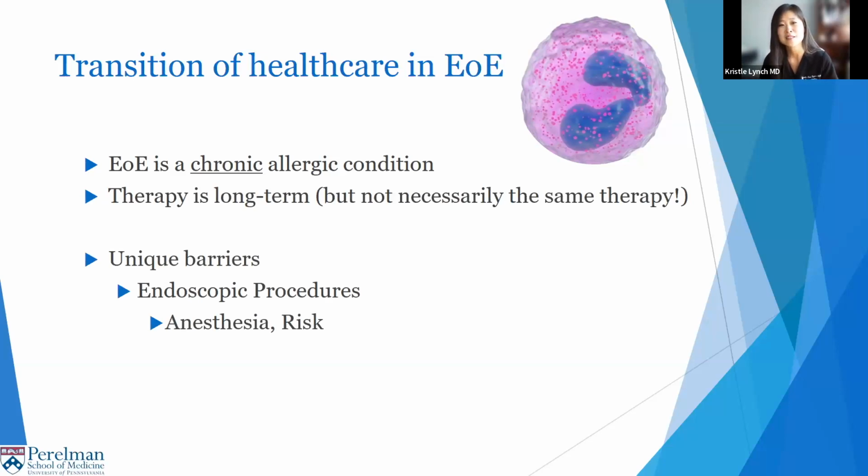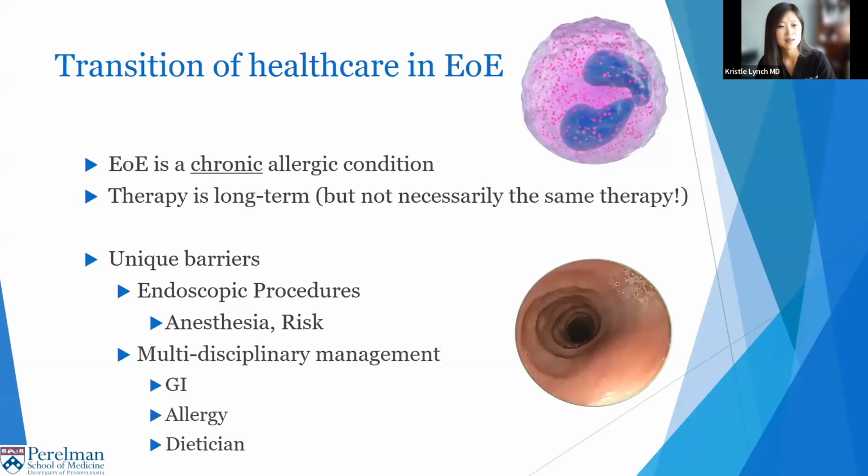And as I often tell my nervous patients, it would make sense to be nervous before an endoscopic procedure because you have essentially a stranger putting a foreign device in you, and you're trusting them while you are asleep. So there's a level of trust that is required when patients specifically have a chronic disease that requires endoscopy.